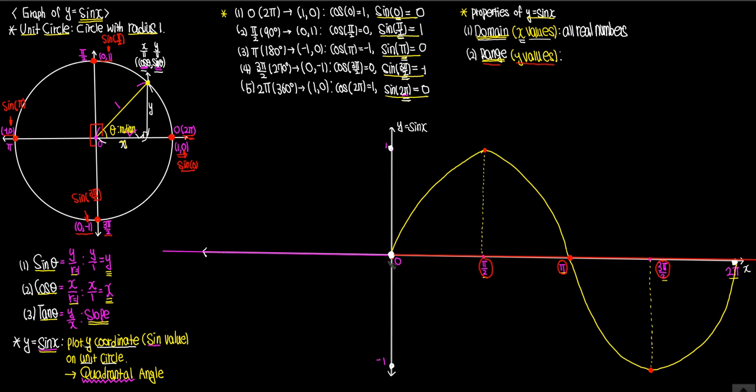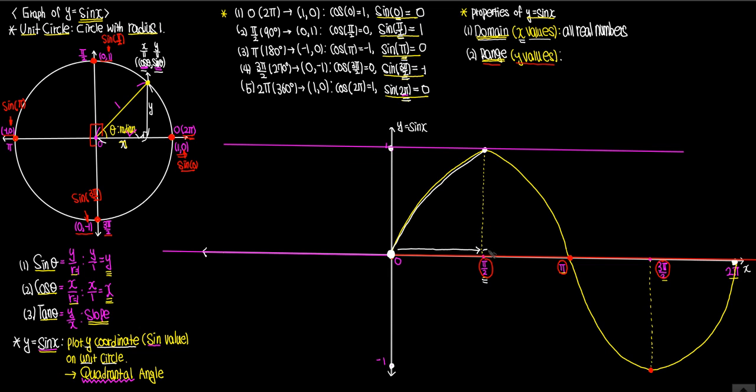So from 0 as the angle, or the x value, on the y is equal to sine x graph increases and hits pi over 2, the y value will also increase and reach its maximum point as positive 1. The sine value will hit its maximum point as positive 1 when the x value is pi over 2 radian.